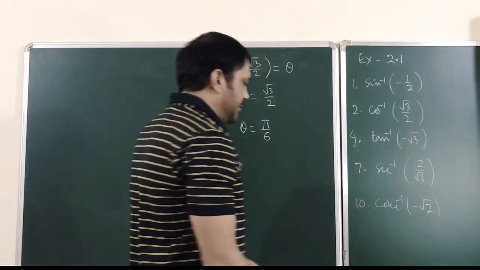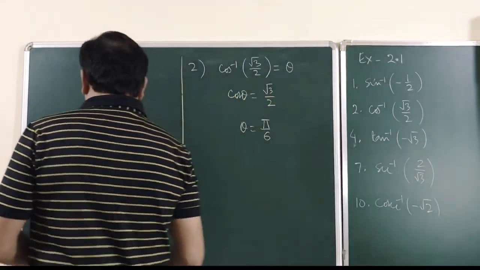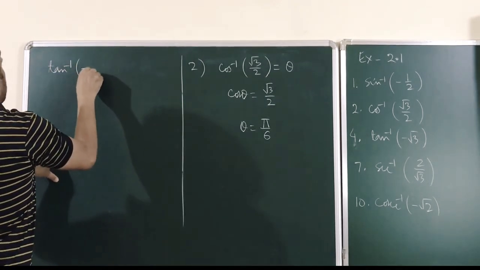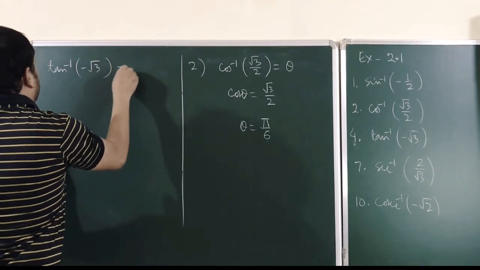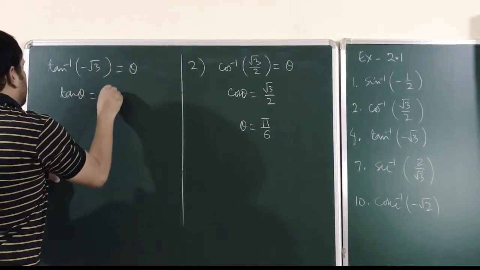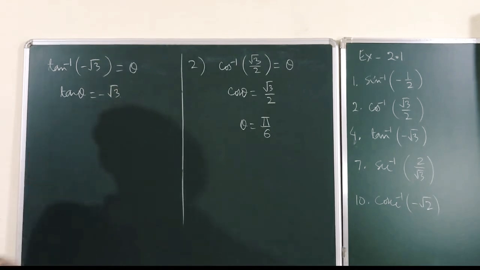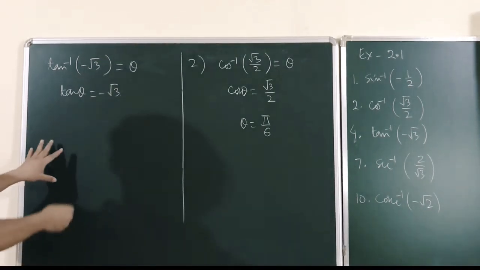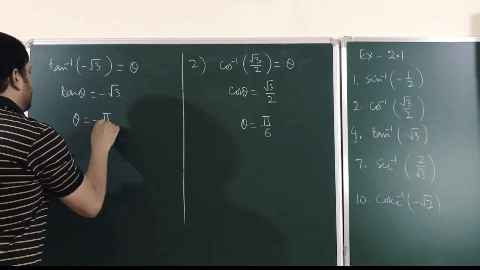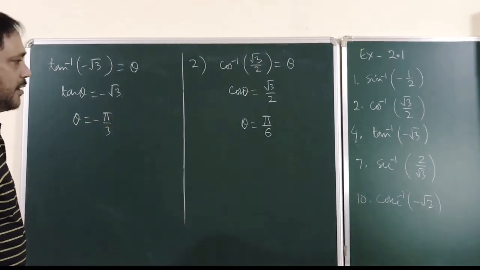Next question is tan inverse of minus root 3. Let's say it equals theta. So tan theta is equal to minus root 3. Minus root 3 you will get at minus pi by 3. So theta is equal to minus pi by 3, as simple as that.